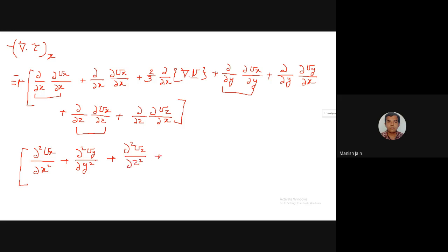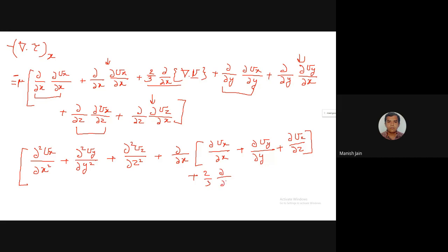Now the remaining terms, you can take del by del x common in all these terms, and inside the bracket you will have del vx by del x plus del vy by del y plus del vz by del z.